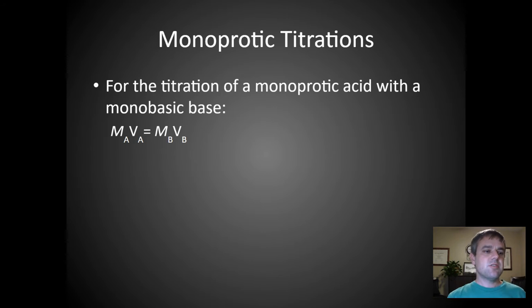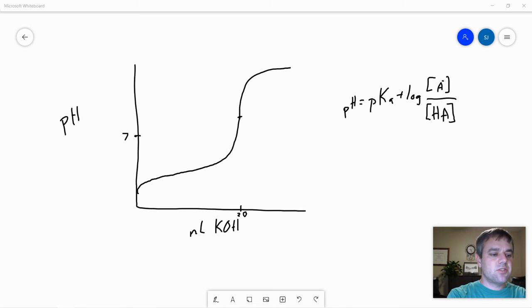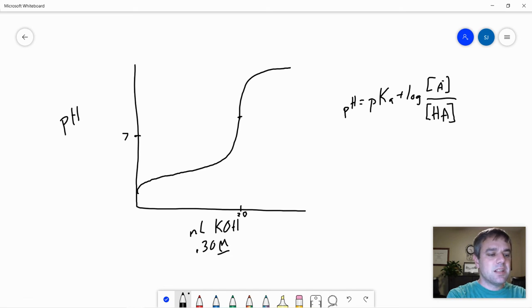Now, for a titration of a monoprotic acid with a monobasic base, one that produces one hydroxide and one hydrogen ion, the molarity of the acid times the volume of the acid equals the molarity of the base times the volume of the base because they react in a 1-to-1 ratio. So if we look at this titration curve, let's say that we were working with 0.30 molar potassium hydroxide.